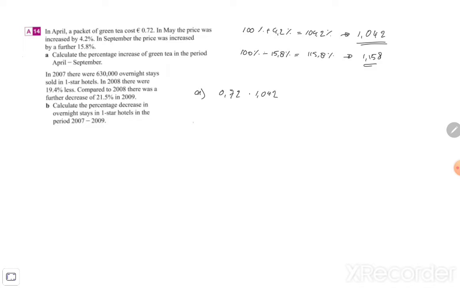That will be the increase in May, and then if I multiply that answer with 1.508, you have the increase in September. All right, now we have a price of 0.87. You need to round to 2 decimal places because we talk about euros.